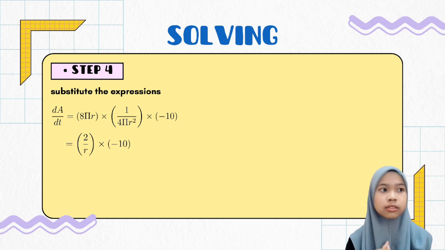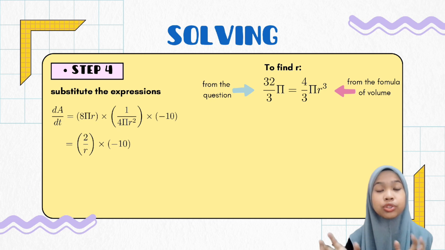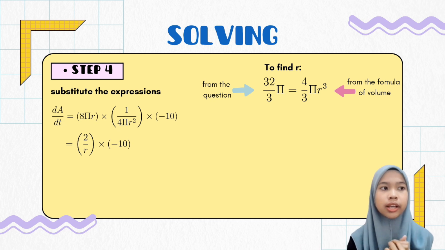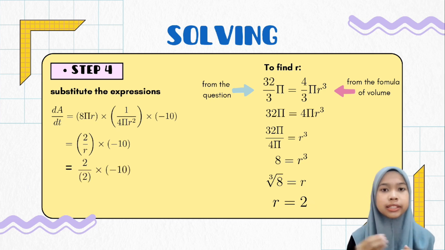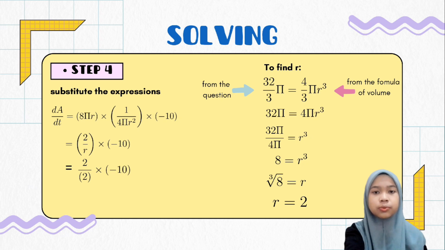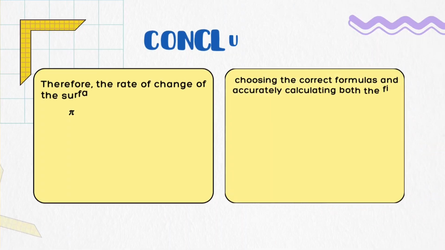To find r, we take the volume from the equation given equals the formula of volume, and we get 32 over 3 pi equals 4 over 3 pi r cubed. We calculate it as shown in the slide until we get r equals 2. And now we need to substitute r into this equation. We get 2 over 2 multiplied by negative 10. The final answer we get is negative 10 centimeter squared per second.